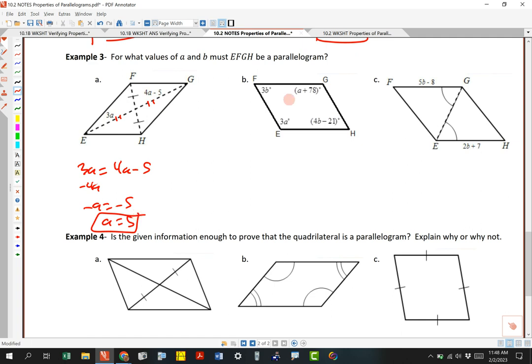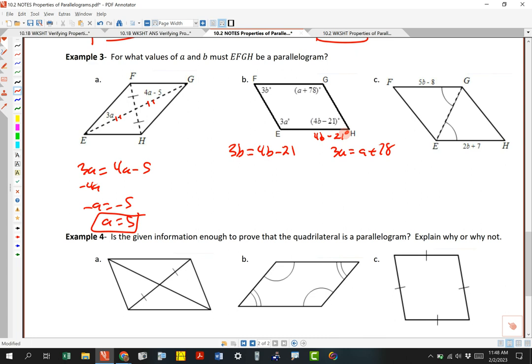Colson, help us out on this one. 3b would have to equal 4b minus 21, and 3a would have to equal 8 plus 17. Are they raised to powers? No, those are degree symbols. Why is it in parentheses then? It's in parentheses because if somebody wrote 4b minus 21 degrees, they might think that those are two separate things.